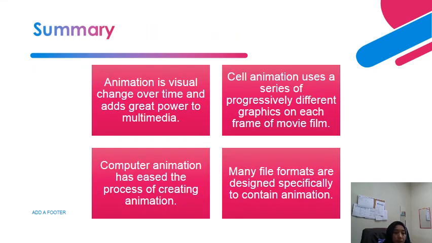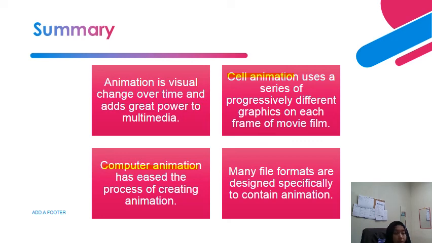So we come to the end of the lecture. Basically, the animation chapter is quite simple. What you need to know is the basics about animation: the definition of animation, how animation differs from video, what cell animation is, and what computer animation is.